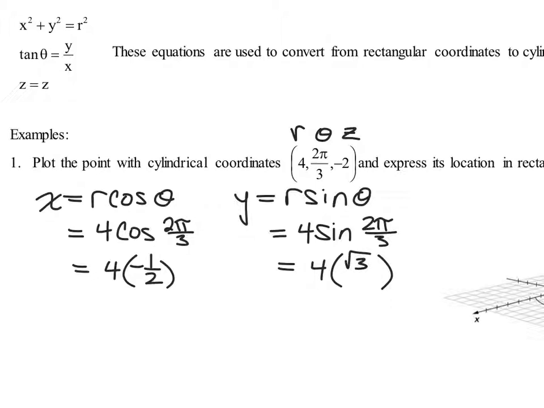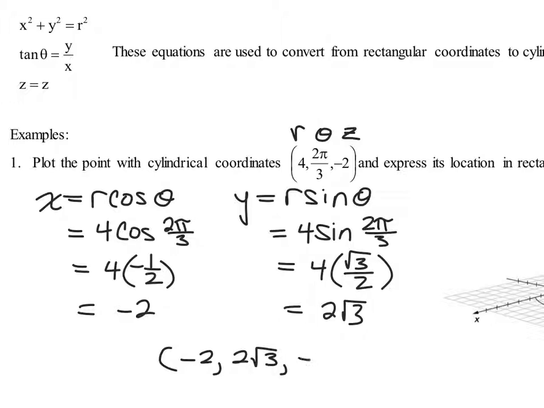Square root of 3 divided by 2. Good. So negative 2 and 2 root 3 are our x and y values. So in rectangular coordinates, we'd be looking at negative 2, 2 root 3, and negative 2 is the z value. That remains unchanged, so we're not worried about converting that.